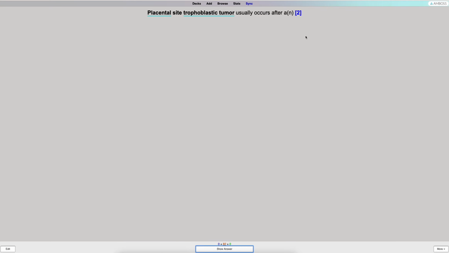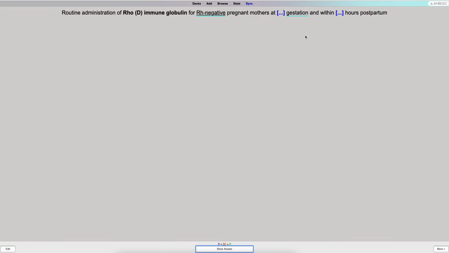Placental site trophoblastic tumors usually occur after a term pregnancy.